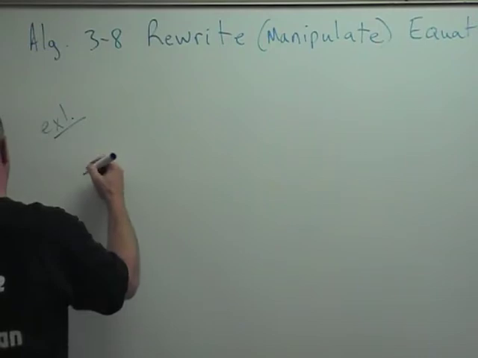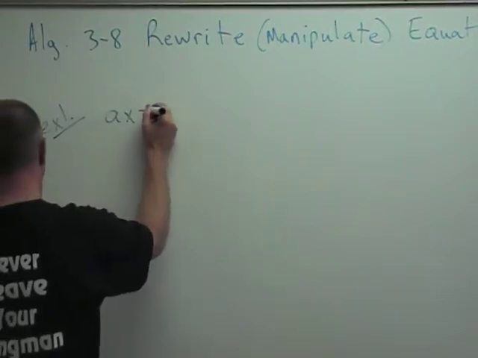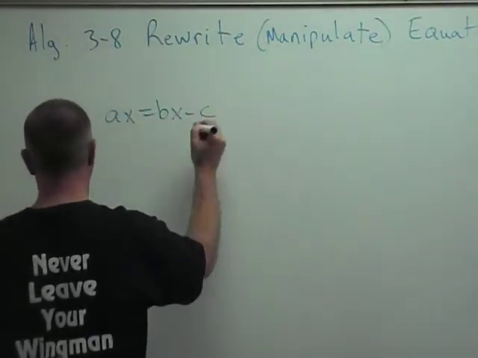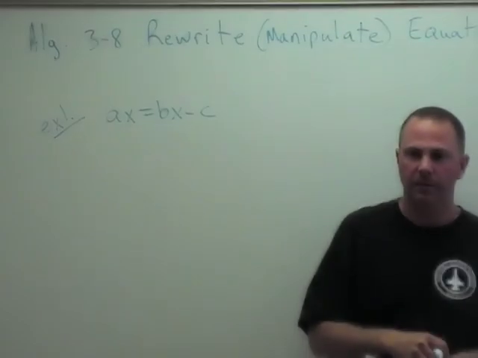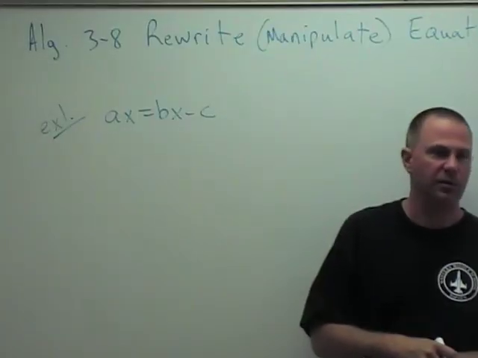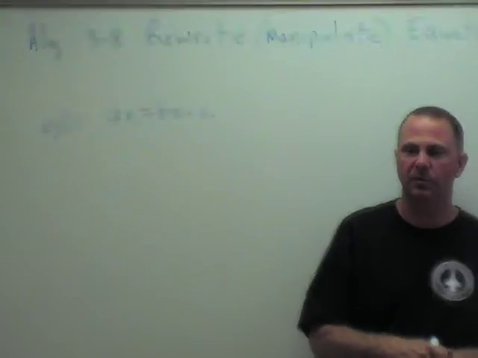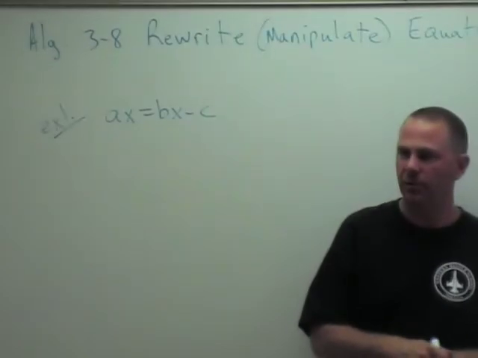Example 1. AX equals BX minus C. Now, we're going to solve for X. Remember those 3 steps and 2 rules that I taught you a couple weeks ago?